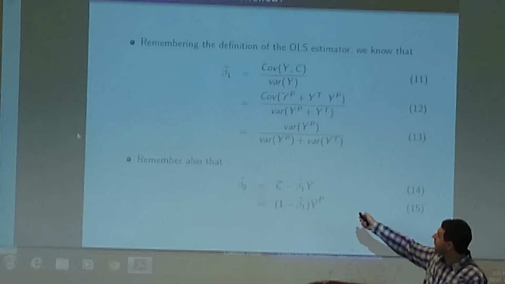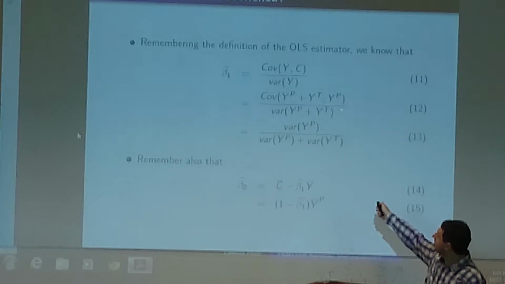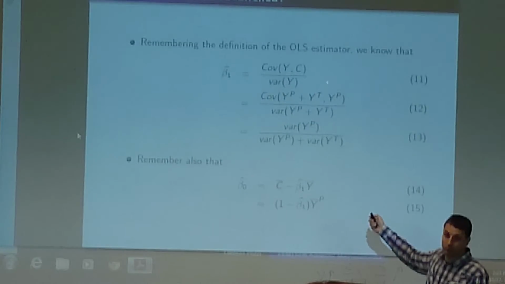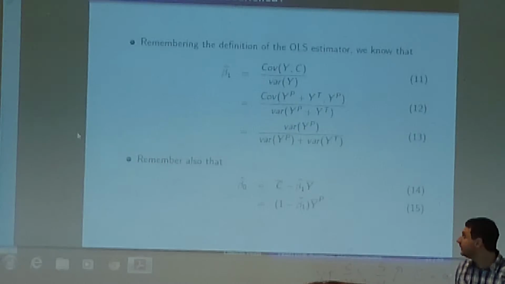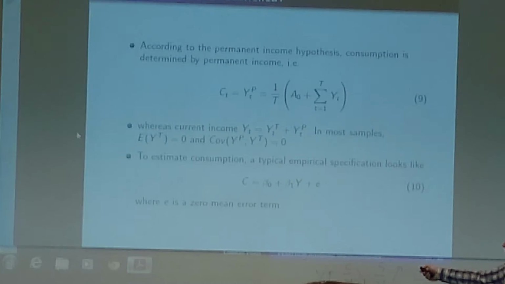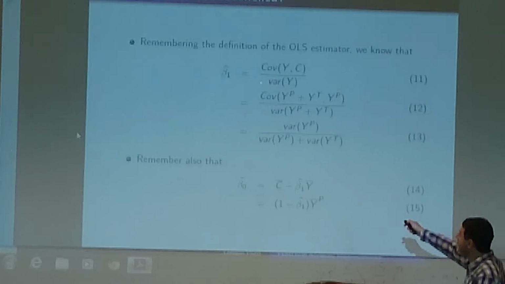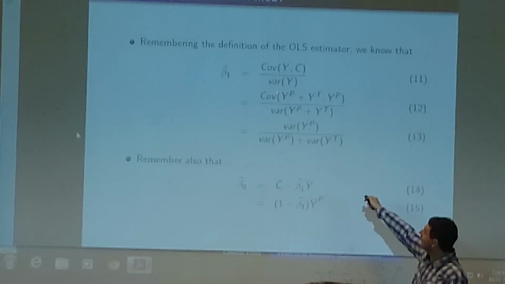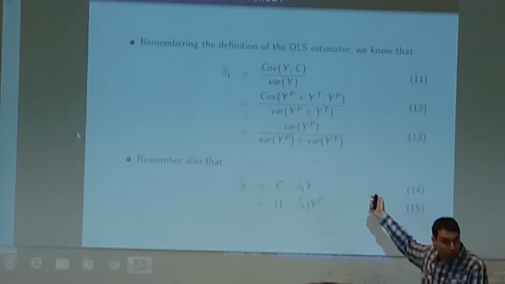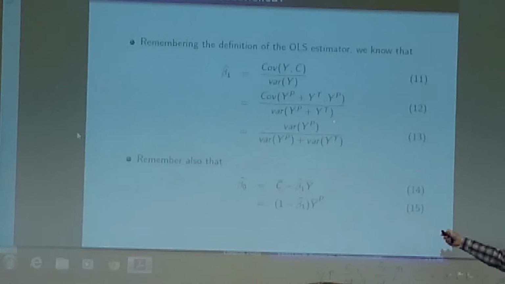Now you have the covariance between this term and permanent income. Well, we argued that the covariance between permanent income and transitory income is 0. So what remains is the covariance between yp and yp, which is just the variance of yp. So the numerator becomes the variance of yp. Below, you have the variance of the sum of yp and yt.